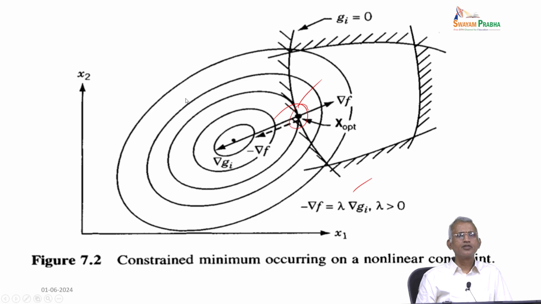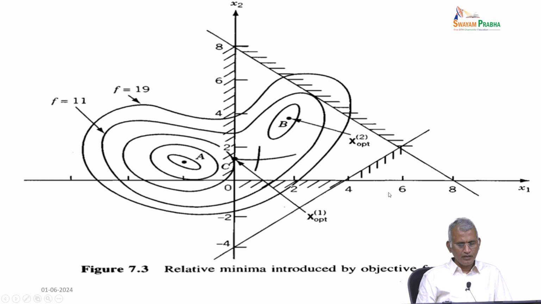So, that is the most converged point. This is a relative minimum introduced by the objective function with respect to the constraint, and then we got that optimum at point B, at the first iteration and second at B. The f started from 19 and then goes through the sequential pattern 19, 11 and so on. This way we have to search the gradient and find the solution to the problem.